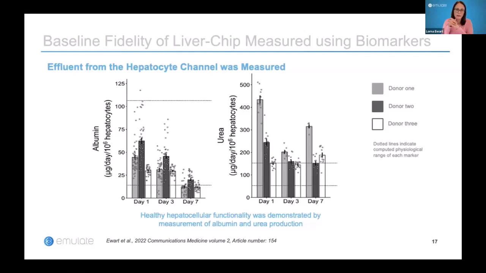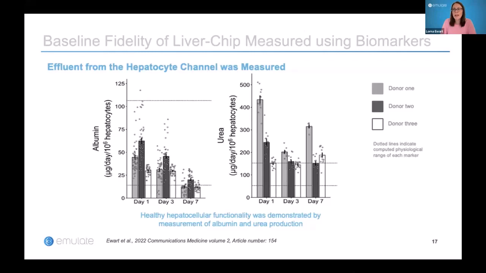Across the 7-day period, we can see that albumin is well above the lower level throughout, up to about day 5. Then in donors 1 and 3, it drops slightly below that 20 micrograms per day per million hepatocytes. That tells us we probably wouldn't want to have these hepatocytes in culture for much longer.